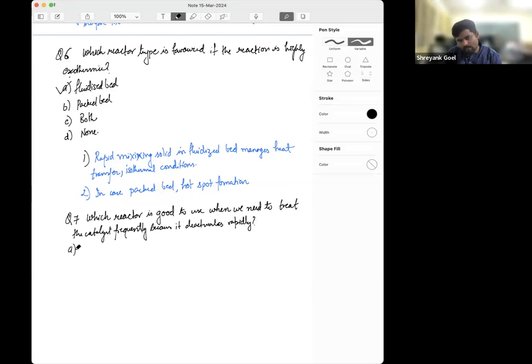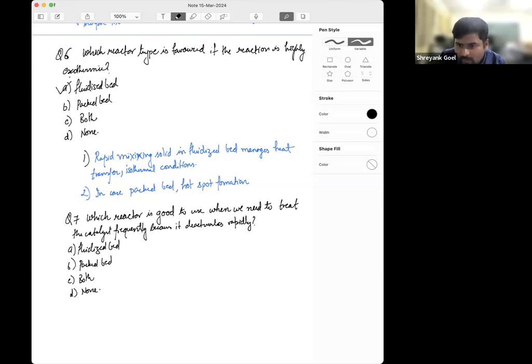And options are again fluidized bed, packed bed, both or none.